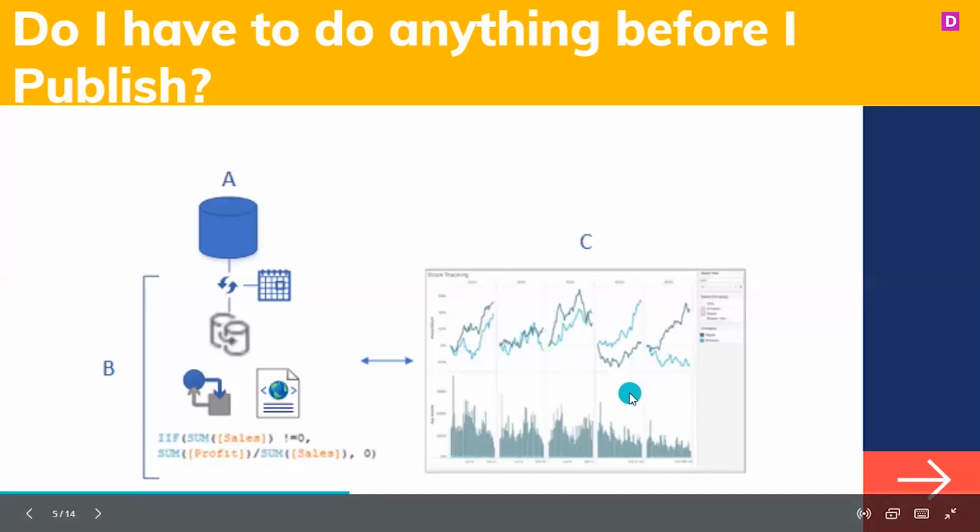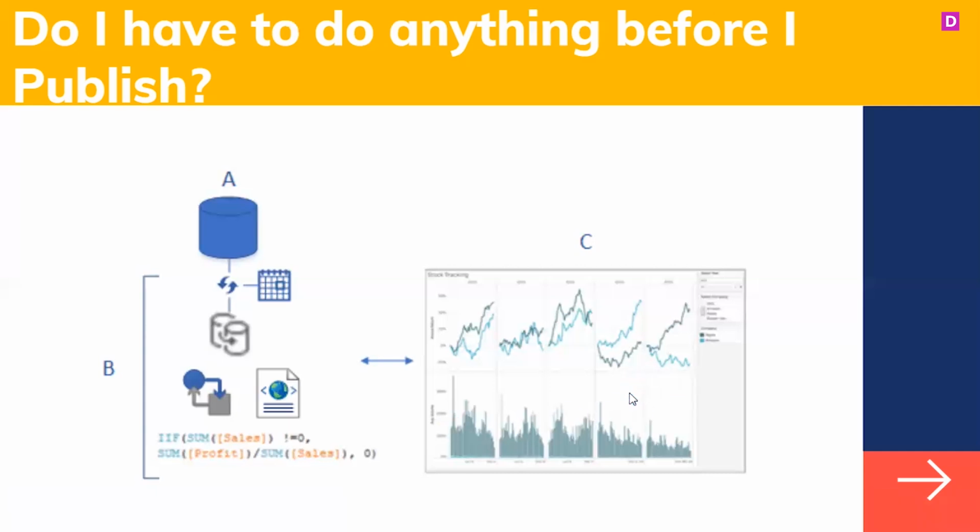The third one is the view, marked as C. When you are giving a view to your colleagues, do you want it to be just a static view, or do you want your user to edit and interact with it on the server? You can select the sheets, which include views, dashboards, and stories, that you want to share.